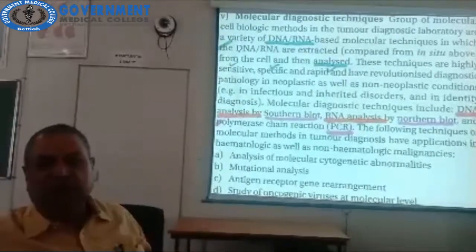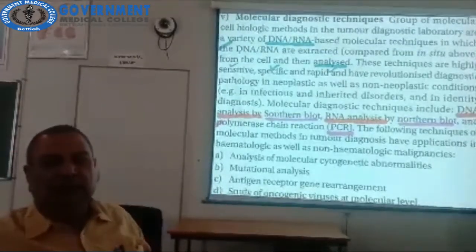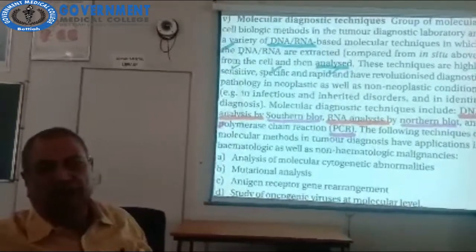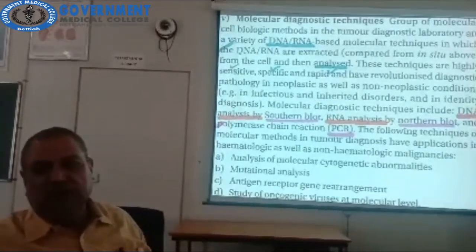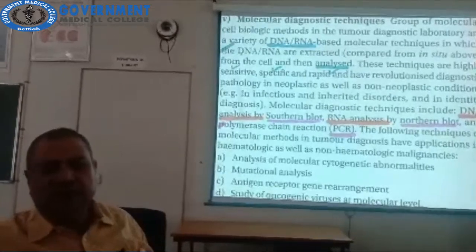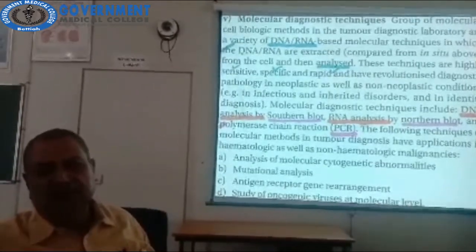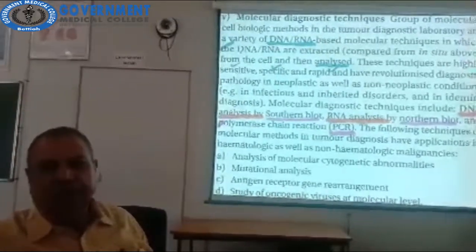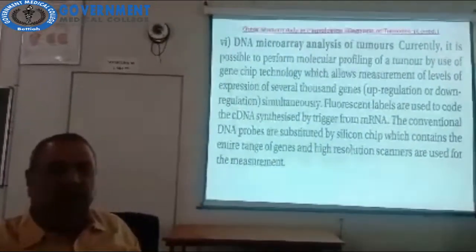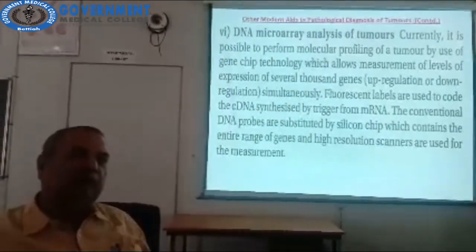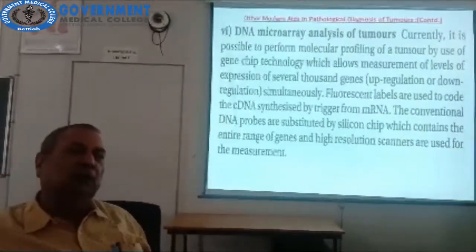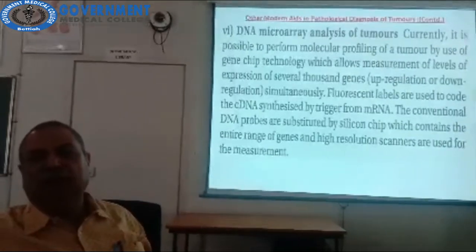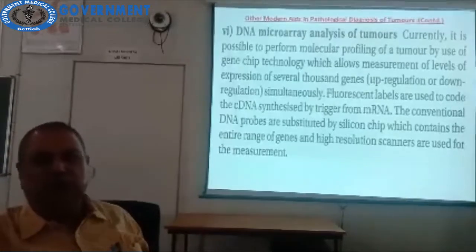Then molecular studies: DNA analysis by Southern blot, RNA analysis by Northern blot, and PCR, polymerase chain reaction, analysis of molecular cytogenetic abnormalities, mutational analysis, antigen receptor gene rearrangement, and study of oncogenic virus at the molecular level, like papilloma virus in cancer cervix, Epstein-Barr virus in nasopharyngeal carcinoma or Burkitt lymphoma. DNA microanalysis, microarray analysis of the tumor.